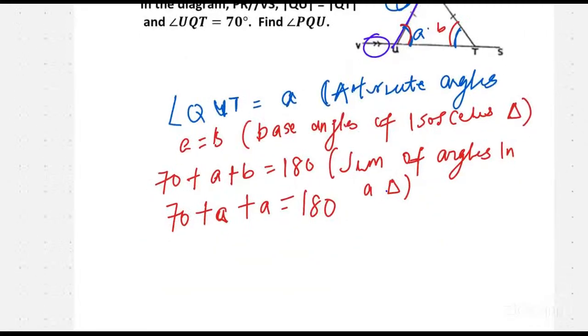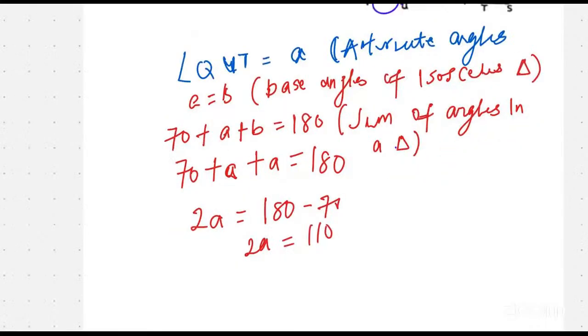And so 2A equals 180 minus 70, and 2A is equal to 110. I will say that A is equal to 110 divided by 2, and 110 divided by 2 will give me 55 degrees. So A equals 55 degrees.